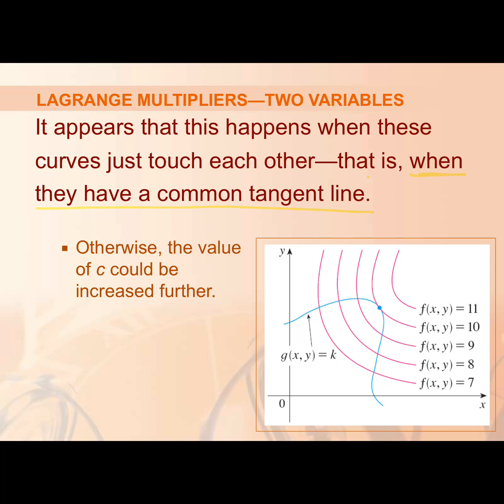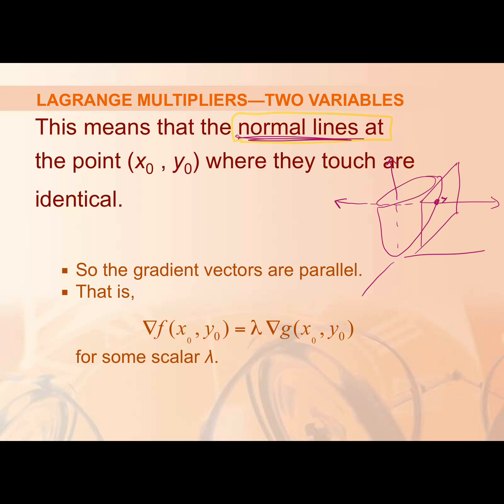So what we're saying is that at this point, the normal lines have to be parallel, which means they have the same direction. The direction of that normal line is given by the gradient. Remember, that's one of the things we learned in 14.6, that the gradient points in the direction that's perpendicular to the tangent plane.